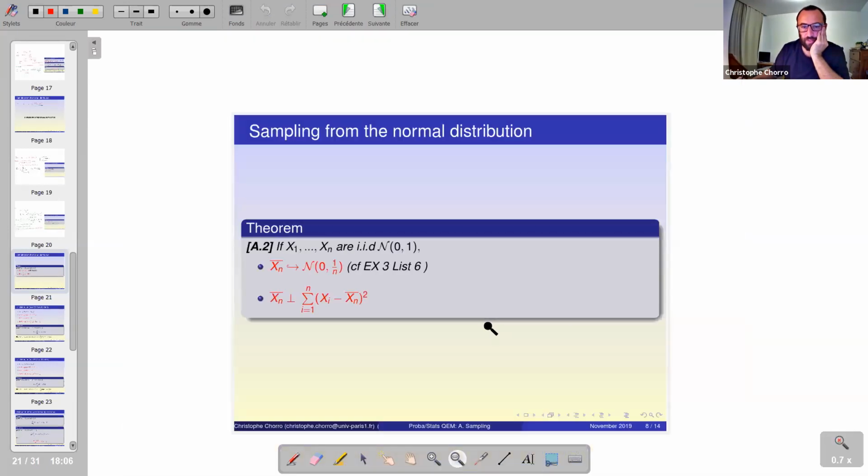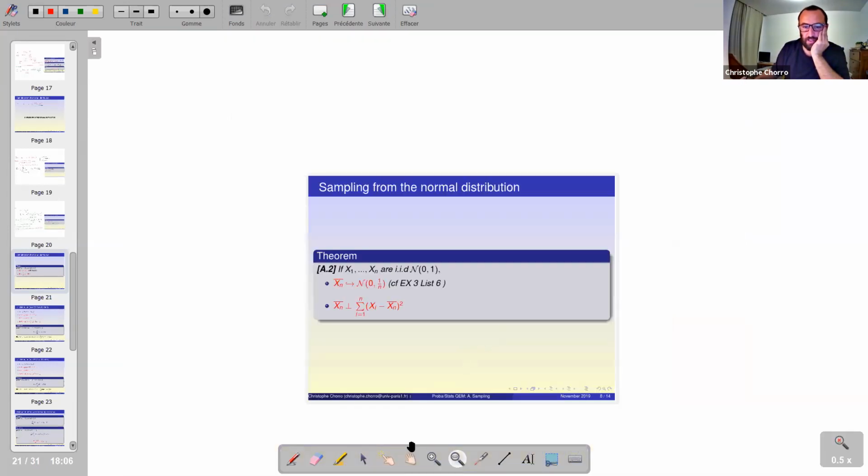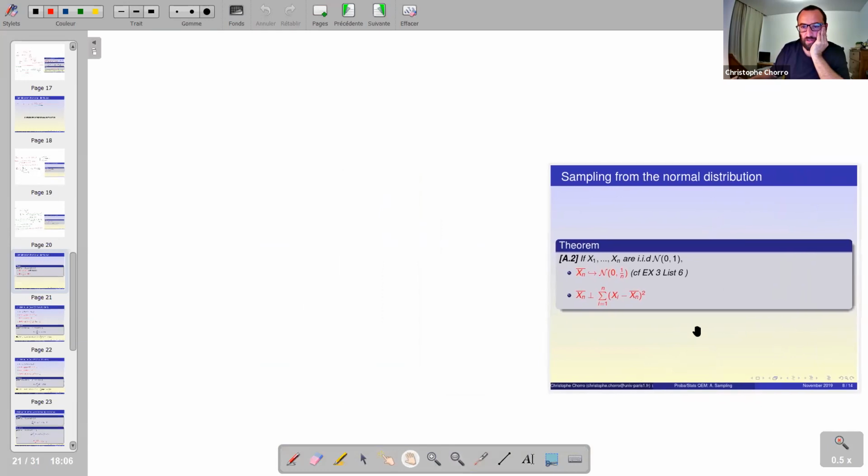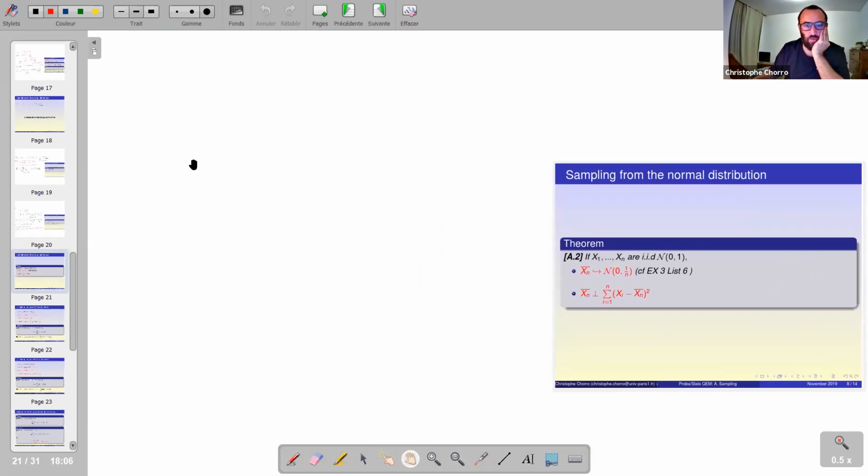For this one, I want to be able to say something about n observations, a sample of N(mu, sigma squared).